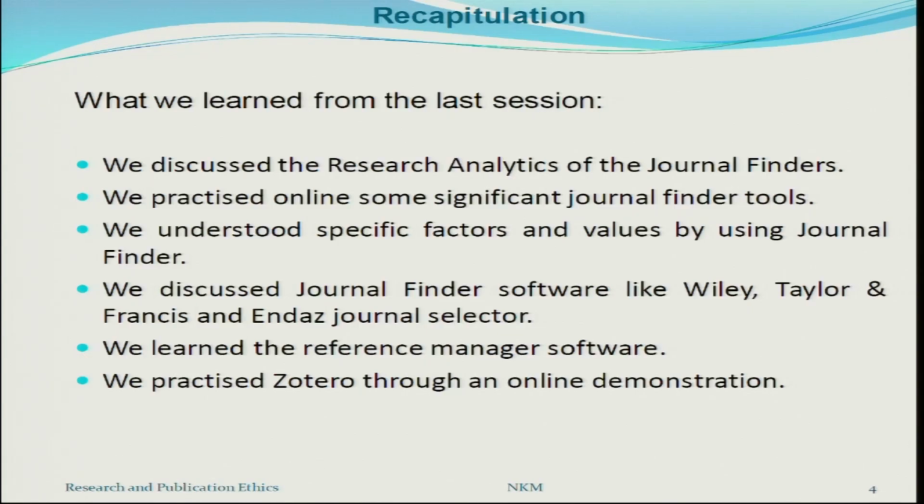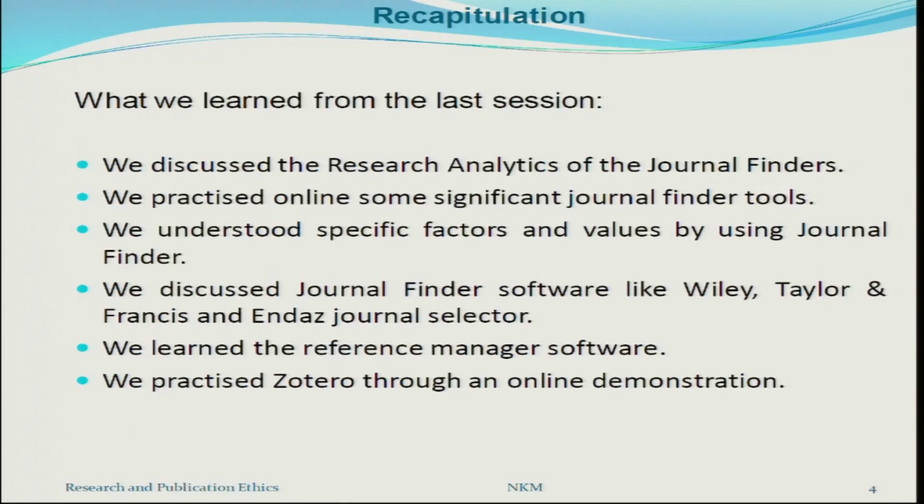To target a journal for publication, these factors are really important when writing a paper. In that discussion, we also practiced some significant journal finder tools like Springer, Elsevier, Sage, and other services.